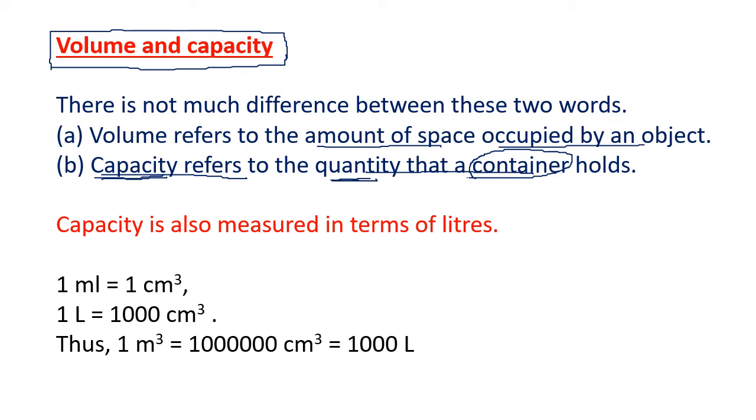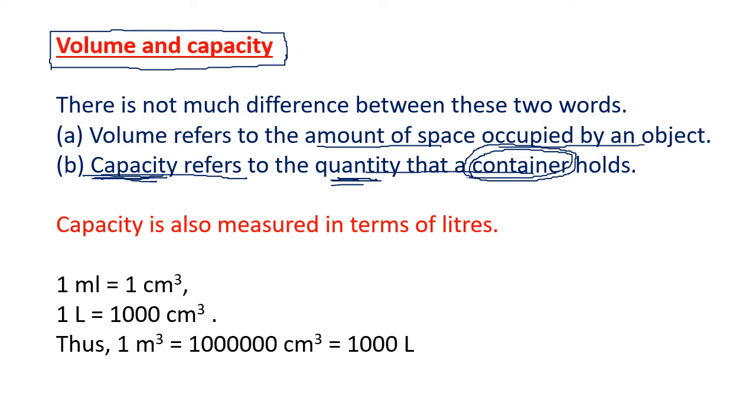When you go to the market to buy a bottle of water, in some railways, in a train maybe, or at a place outside, you will find that a quantity is written on the bottle. 750 ml, 1 liter, 250 ml. So the quantity is mentioned, that is how much quantity that bottle or container holds. That is called the capacity of the container.